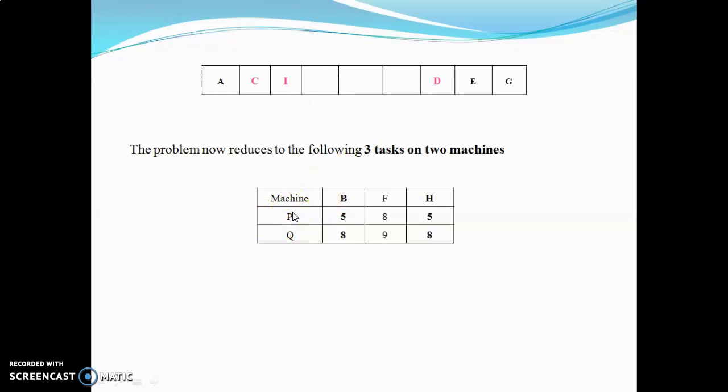Now, since the corresponding times of tasks B and H on machine Q are the same, here 5 and 5, the corresponding Q machine times are also the same, that is 8 and 8, task B or H may be placed arbitrarily in the 4th and 5th sequence cell.